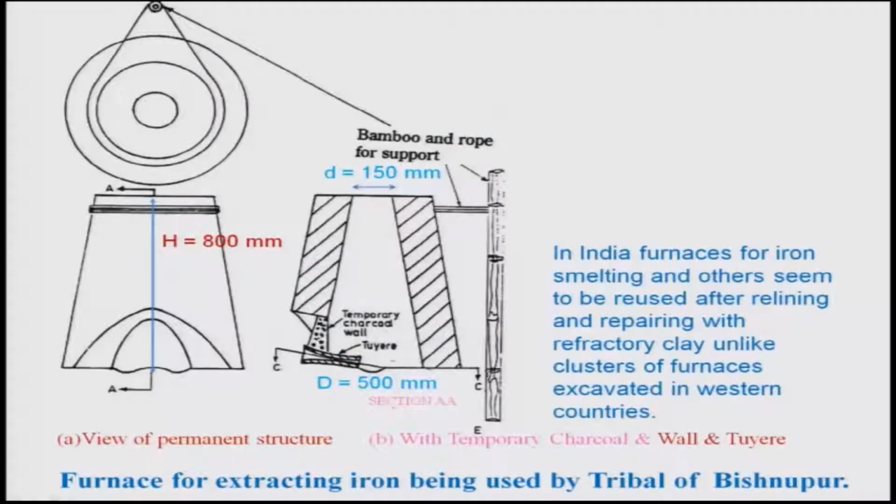And let us look at a furnace used in earlier days by the tribals of Bishnupur, and this is the cross section. If you look, it has a conical shape, and this is the tuyere, and the diameter here is around 500 mm, and at the top it is 150 mm in diameter, and it has support with the help of bamboo and rope.